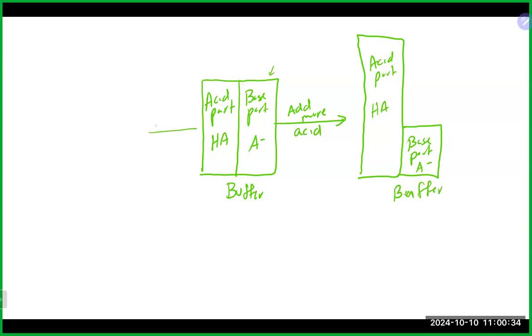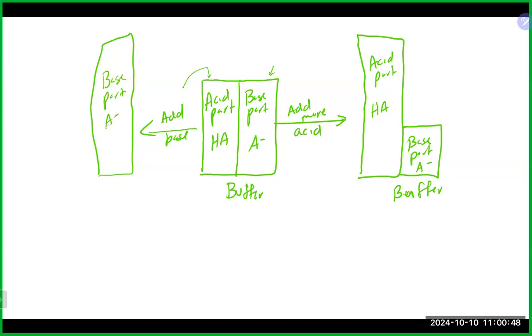And the same thing happens if you add base to your buffer. The base will react with the acid part, and we will see an increase in the base part of the buffer. And we'll see a decrease in the acid part of the buffer.